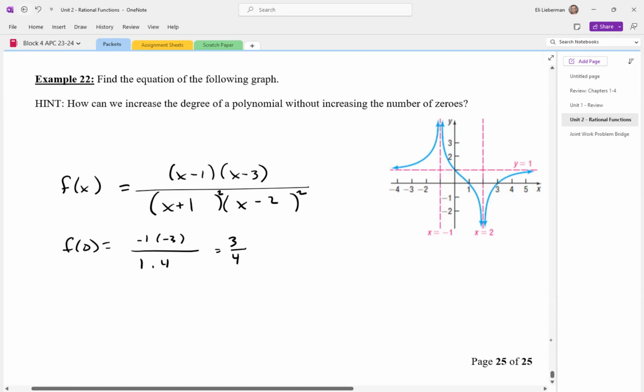But how would you introduce imaginary zeros? So you're introducing maybe a difference of cubes, with one of the factors being x minus one, and the rest would be imaginary.